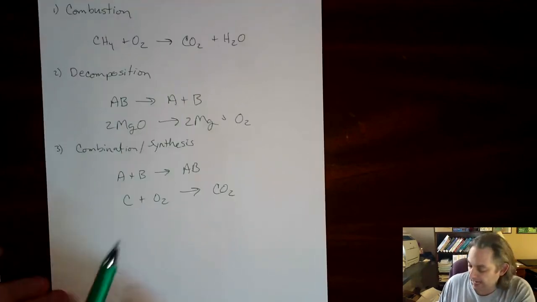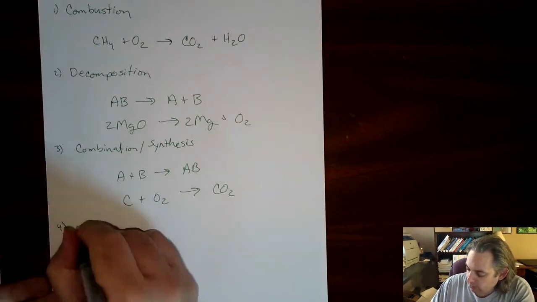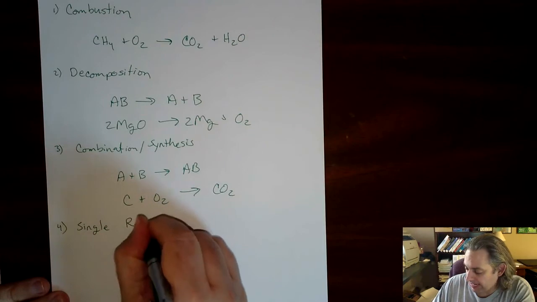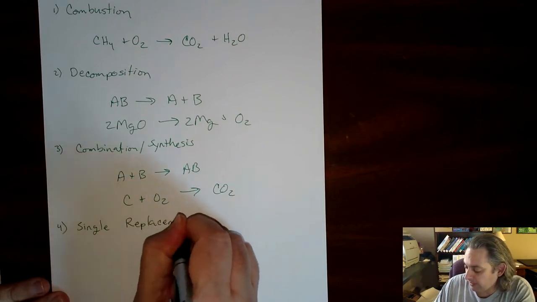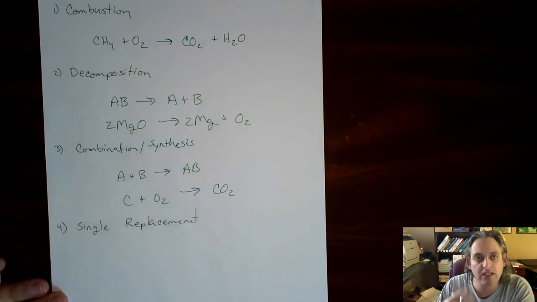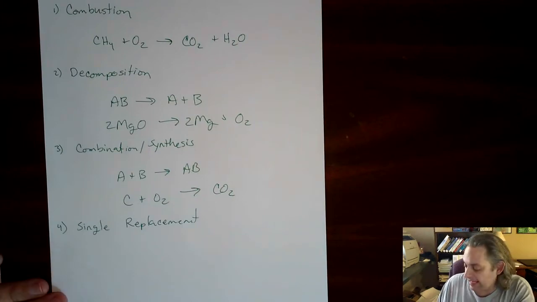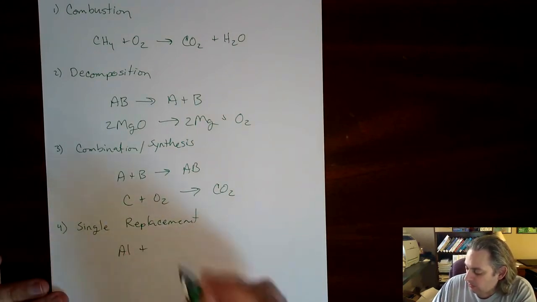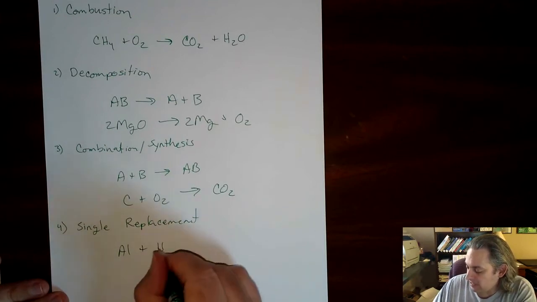The fourth type of reaction is a little bit more complicated. We're going to call this a single replacement reaction. In a single replacement reaction, we always have one element, and a lot of times it's a metal, reacting with a compound. An example would be, let's say we have aluminum reacting with HCl.